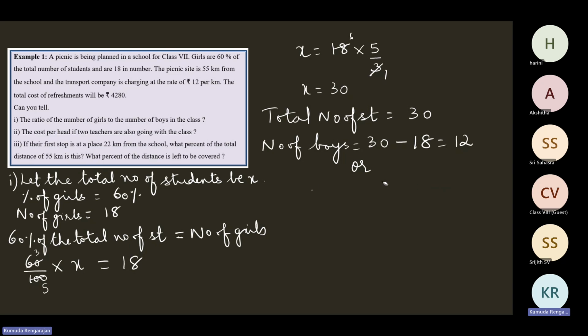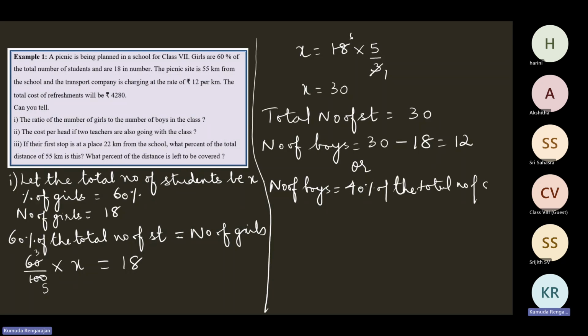Number of boys is equal to 40% of the total number of students. So 40% means 40 by 100, of means into total number of students 30. 4 3s are 12. So number of boys is equal to 12.